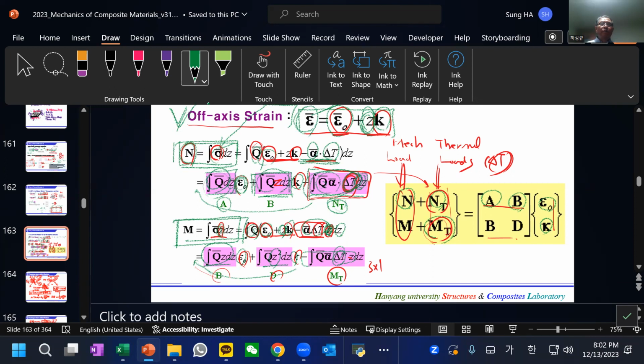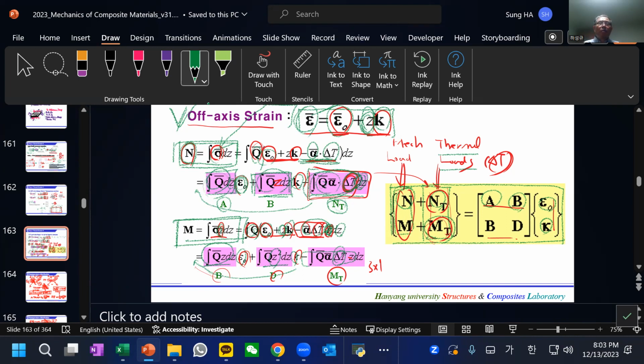So the other terms will be the same. So this is a very important final equation. And this one is newly added due to the temperature; we can call it the thermal load. Okay, this is not the mechanical load, but the load caused by the temperature distribution, and this is the mechanical load we are applying on the laminate.